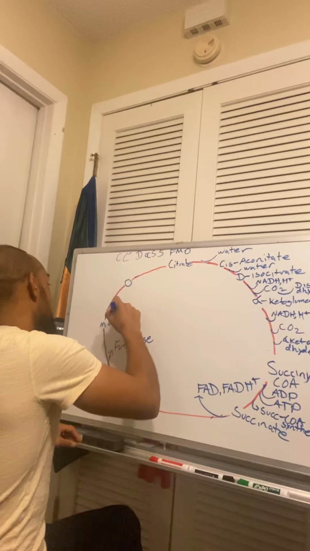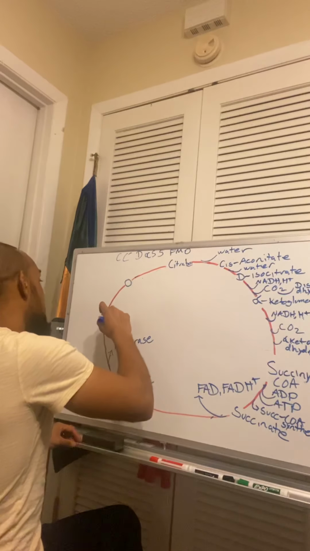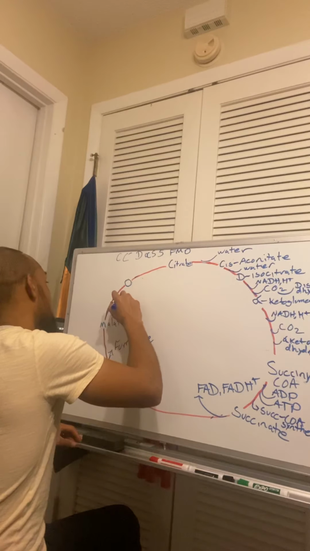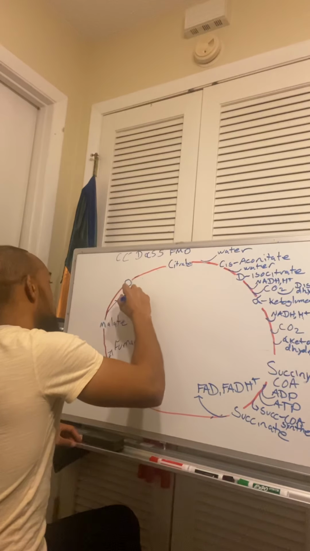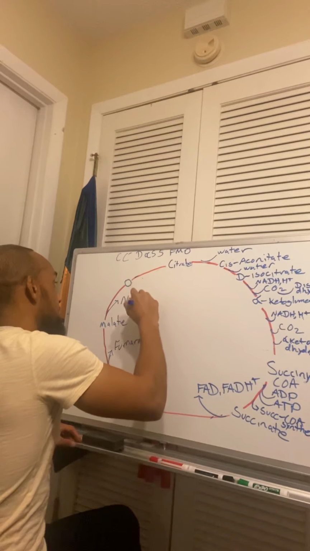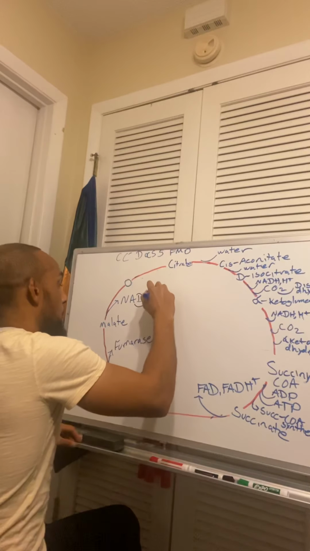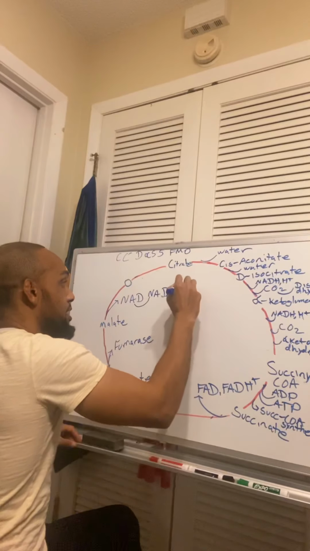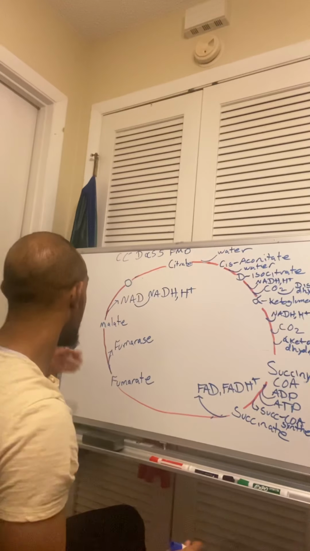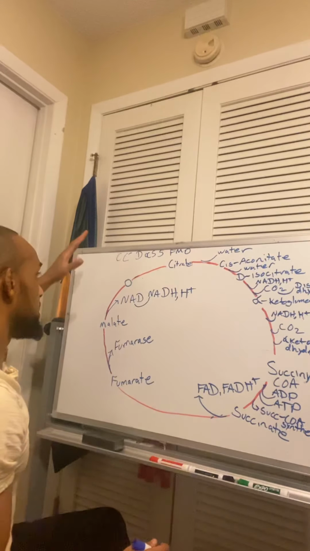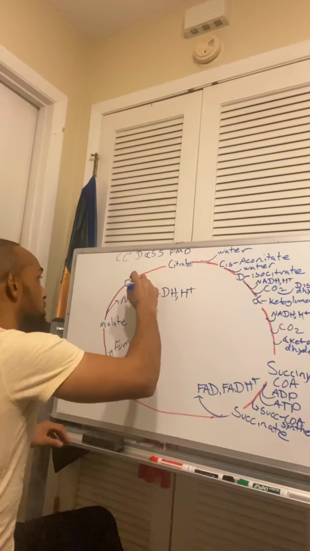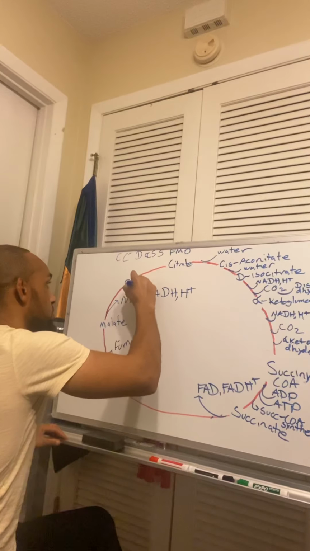Then we have malate. Now, malate is another salt ester that leads into our next and final NAD to NADH, or NAD to NADH plus. Now, we come full circle to oxaloacetate.